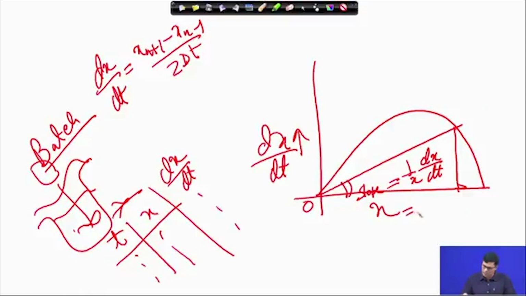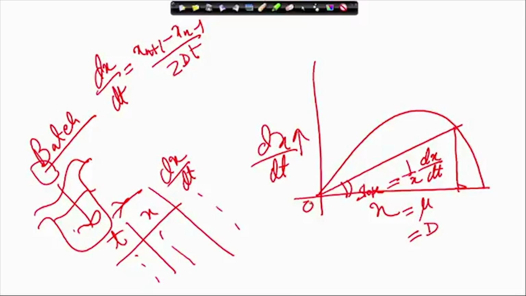So, this is nothing but mu, and under steady state condition with sterile feed in the case of a chemostat, this is equal to D. So, from the batch data it is possible to find out the cell mass concentration in a chemostat at a particular dilution rate, provided you have the plot of dx by dt versus x. If you have this dilution rate, you can find the corresponding cell mass concentration.